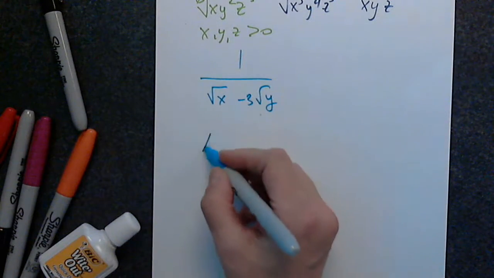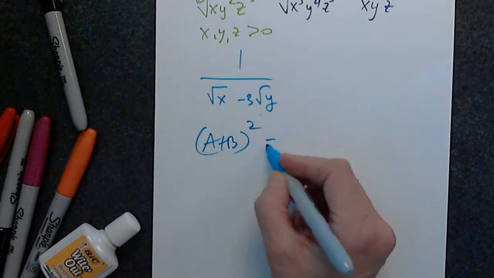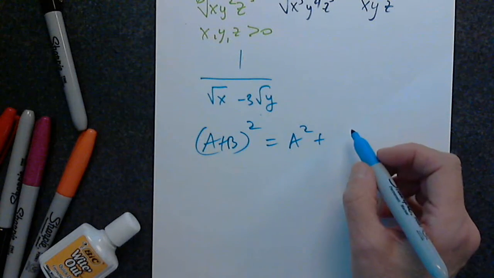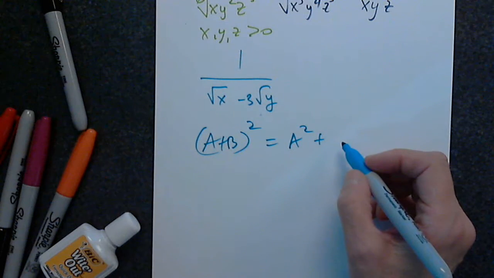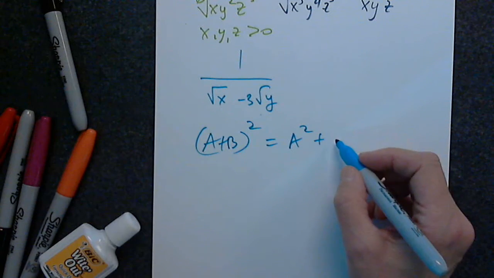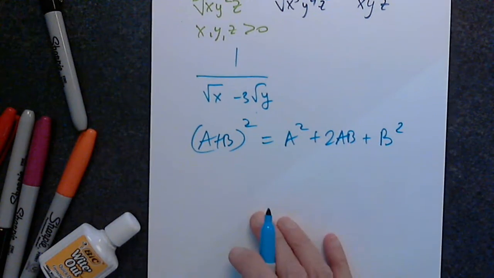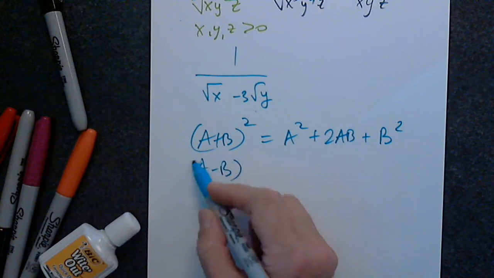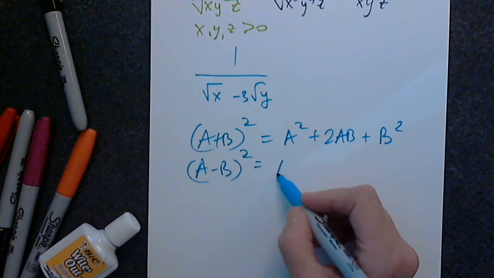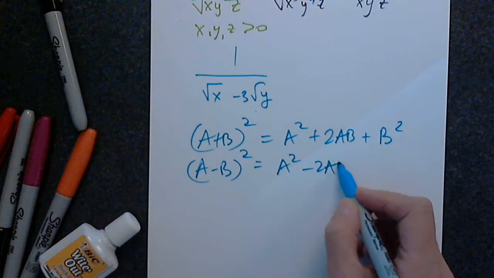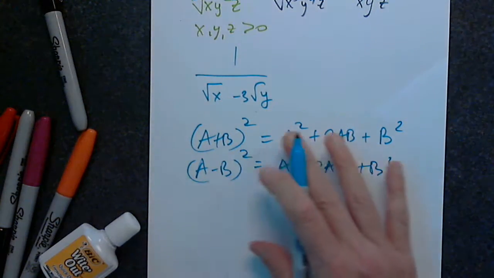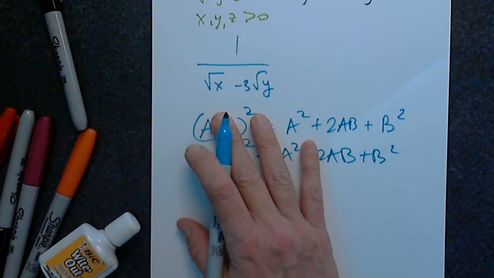Okay, here was the first one. A squared plus 2ab plus b squared. The other one was a minus b, everything squared. We do not need either one here. We need the third one.